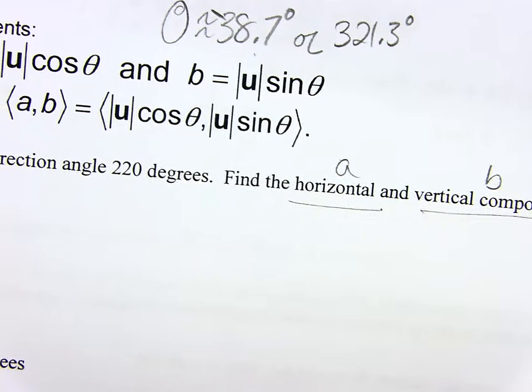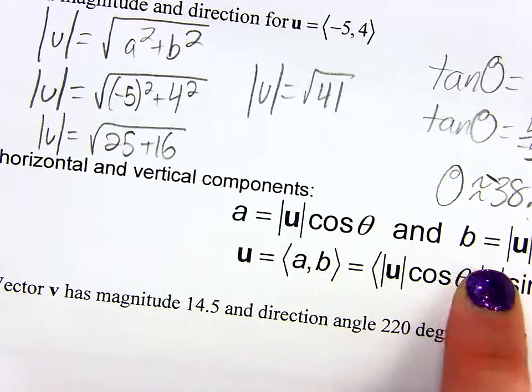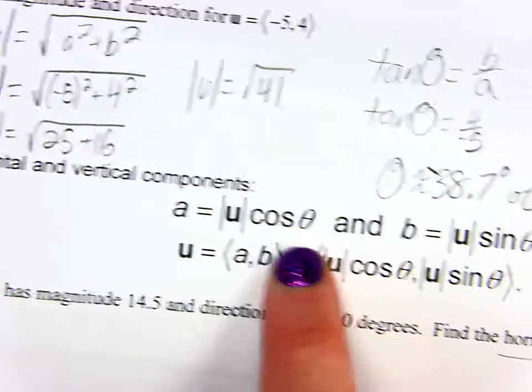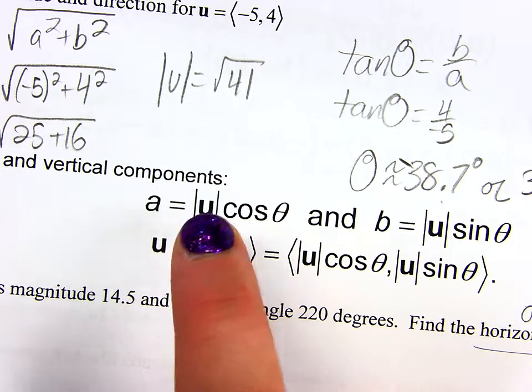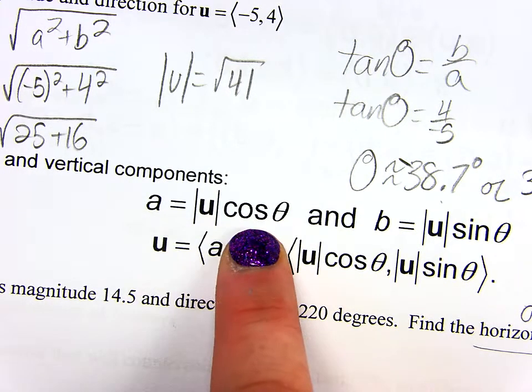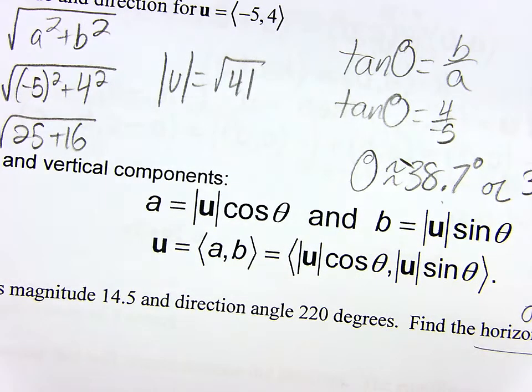All right, so how do we go backwards? We're going to use these formulas. To find A, I just take the magnitude times the cosine of theta. Are these formulas on our reference sheet? That's a great question. Let's look. Ooh, I don't see them.